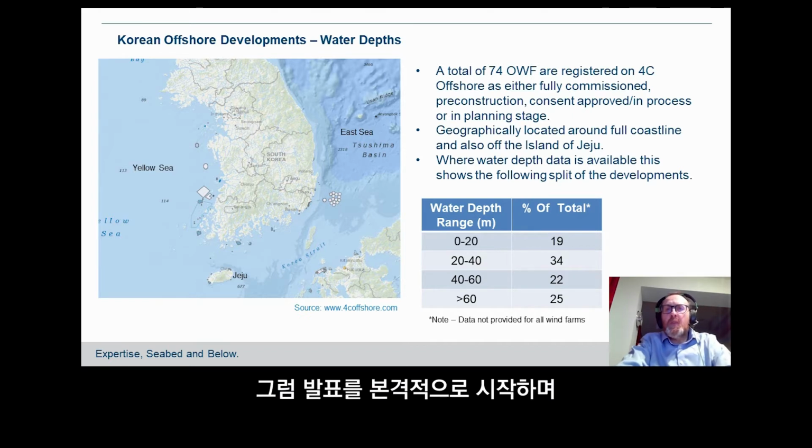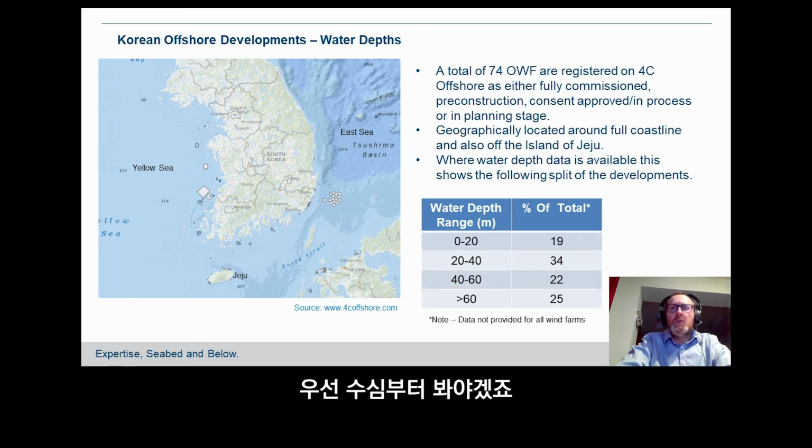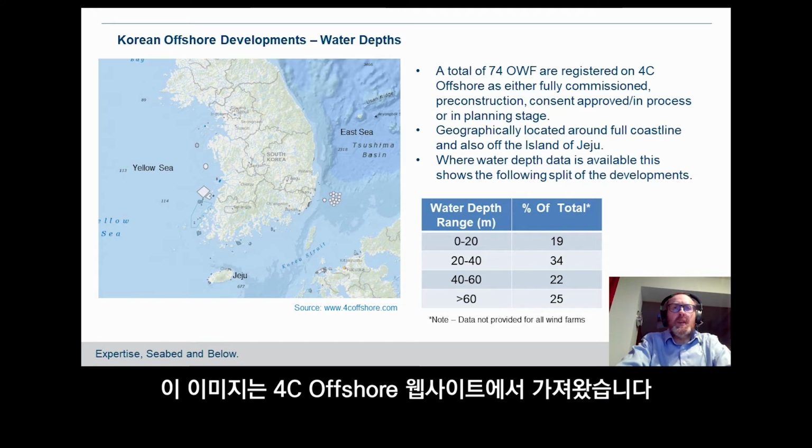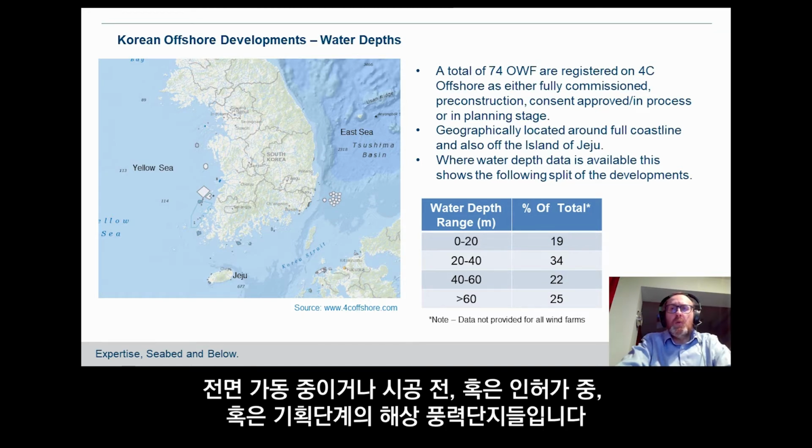So starting the main body of the presentation, looking at Korean offshore developments, we'll start by looking at water depths. I've taken this image from the 4C offshore website, and it shows the developments in the Korean area, which are either fully commissioned, in pre-construction, or consenting and planning stages.